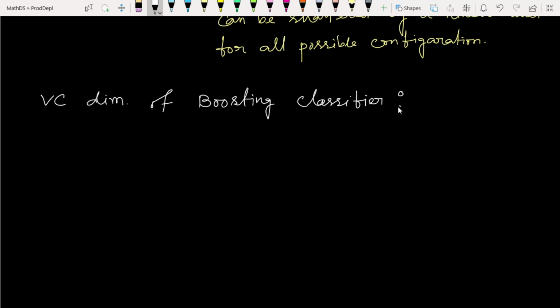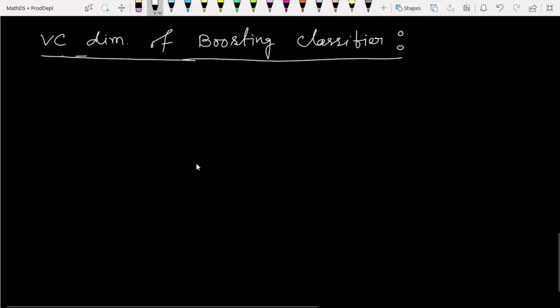Okay, let's see. Suppose we have a base class B of simple classifiers. Boosting means there are some simple classifiers, and using some combinations of these classifiers, we build the boosting classifier.